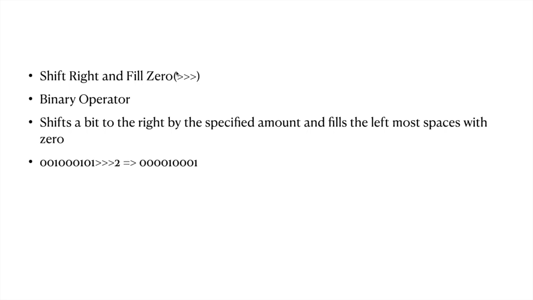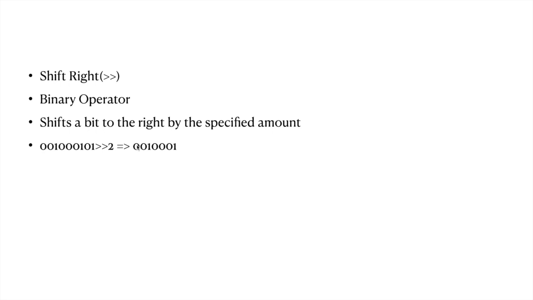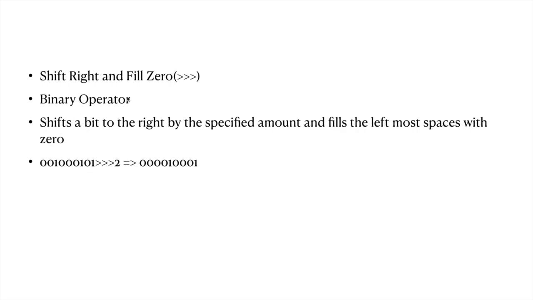That one is effected through 3 greater than signs, and here it will shift the bits to the right by 2 values, and it fills the empty spaces from the left side with zeros. In the previous operation, there is no filling of the empty spaces. When you shift the values, you will use the shift with fill 0.